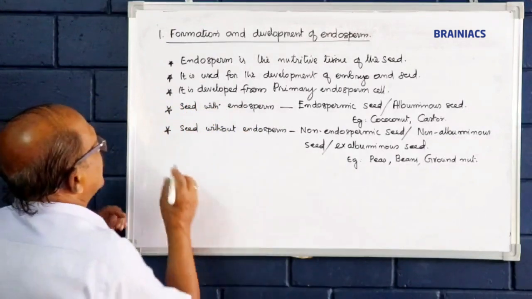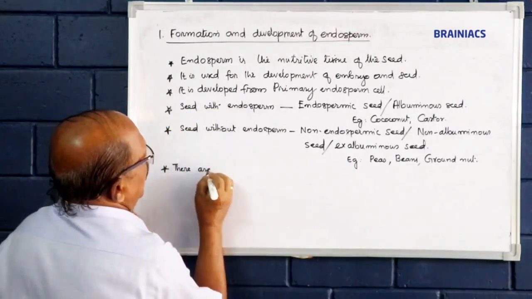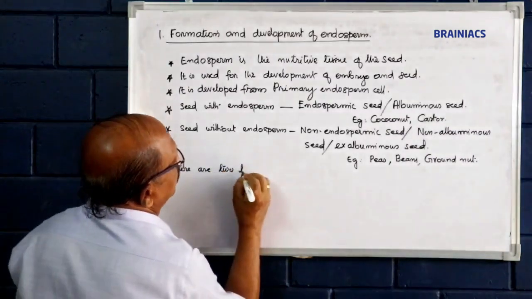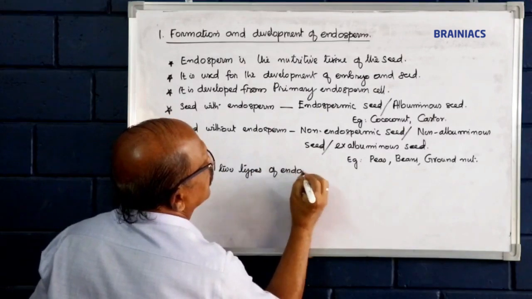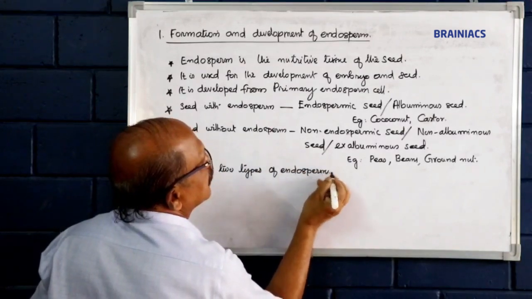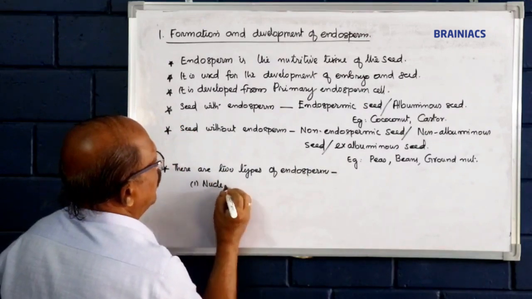Then generally there are two types of endosperms. First is nuclear endosperm.